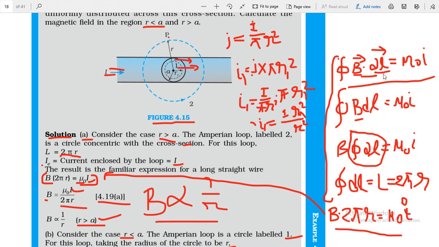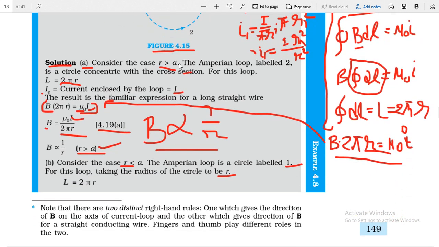So we will use in Ampere's law I1 in place of I, and R1 in place of R. So you will get B into 2 pi R1 is equal to mu naught I1. After putting the value of I1 in this equation, you will get the value of magnetic field at that point inside the conductor. So let's see.